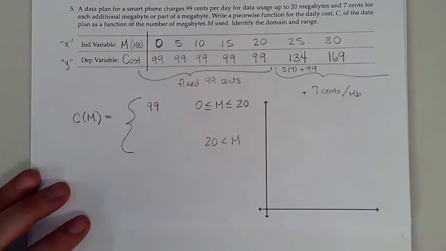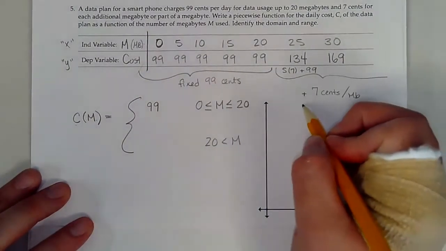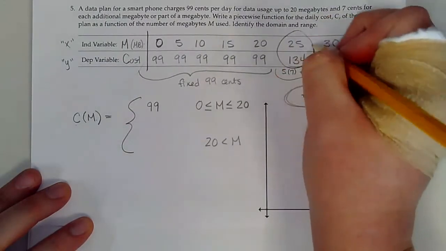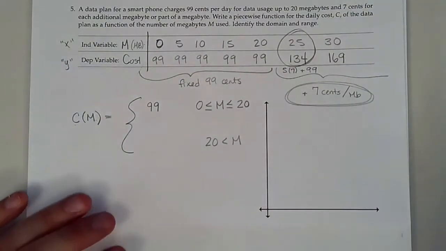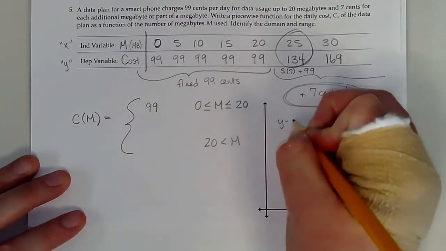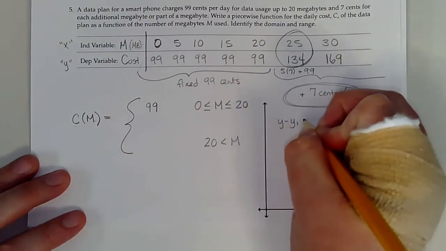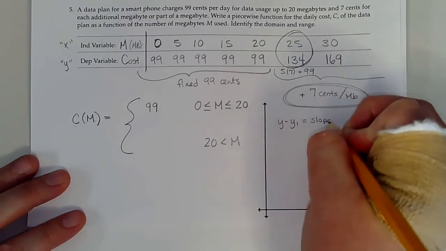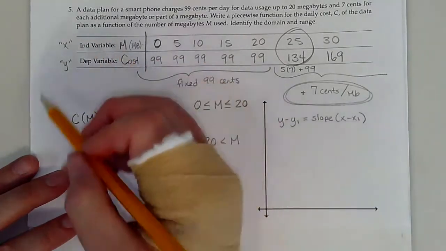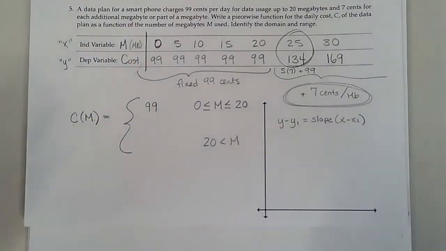We're going to use point slope form because we know this is our slope, and then we can use any one of these points. I'll just use this first one here. So I'm going to write our point slope form: y minus y1 is equal to the slope times x minus x1. And then I'm going to convert this into our variables so that we're staying consistent.